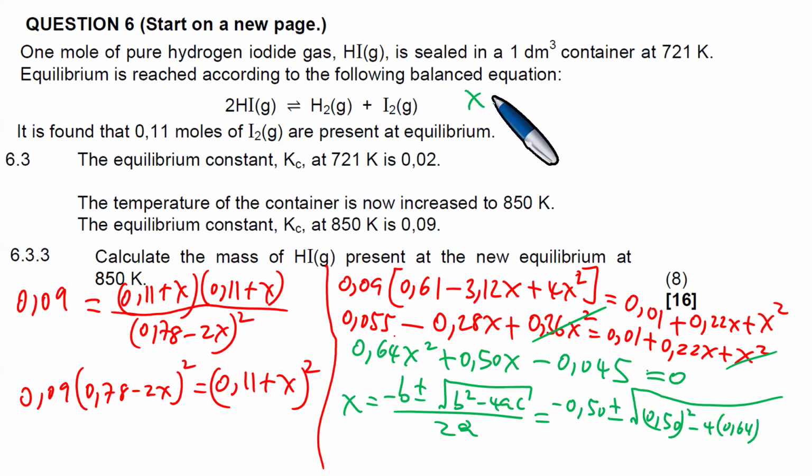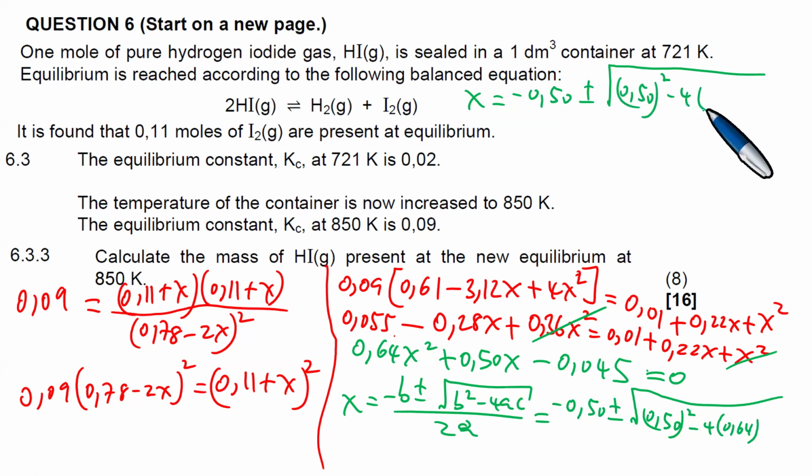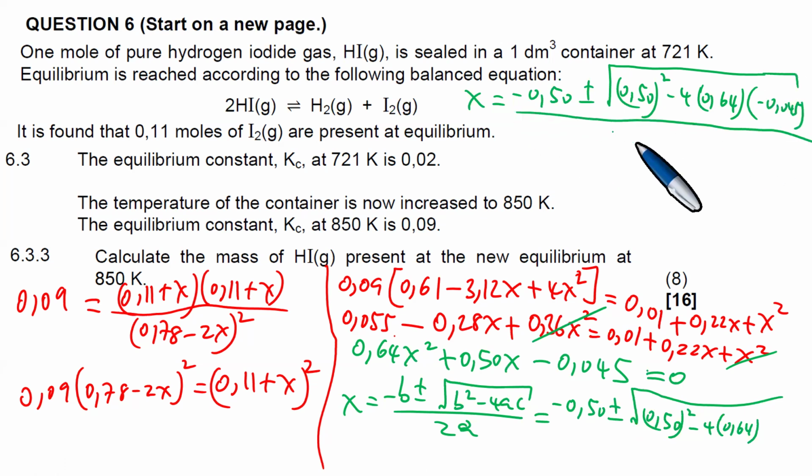Let's write here: x equals minus 0.50 plus or minus the square root of b, 0.50 squared, minus 4a, 0.64. The c is minus 0.045, divided by twice a, which is 0.64.